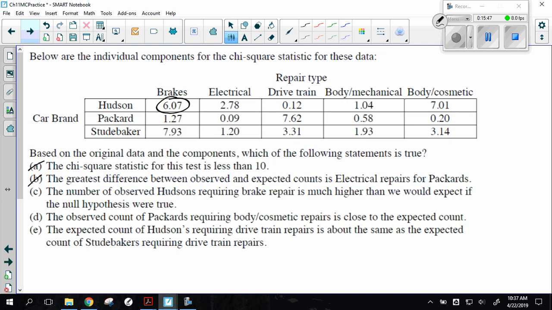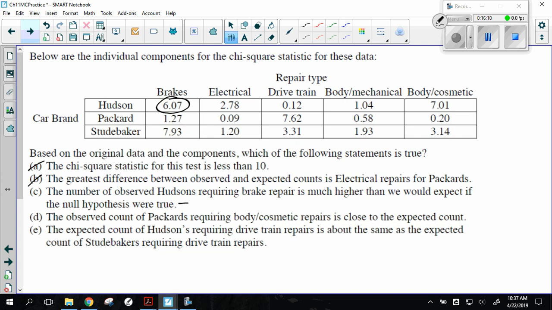Now let's come back to this. Because if your observed minus your expected seems like that is quite large. All right, so I like that one, but there might be a better one.